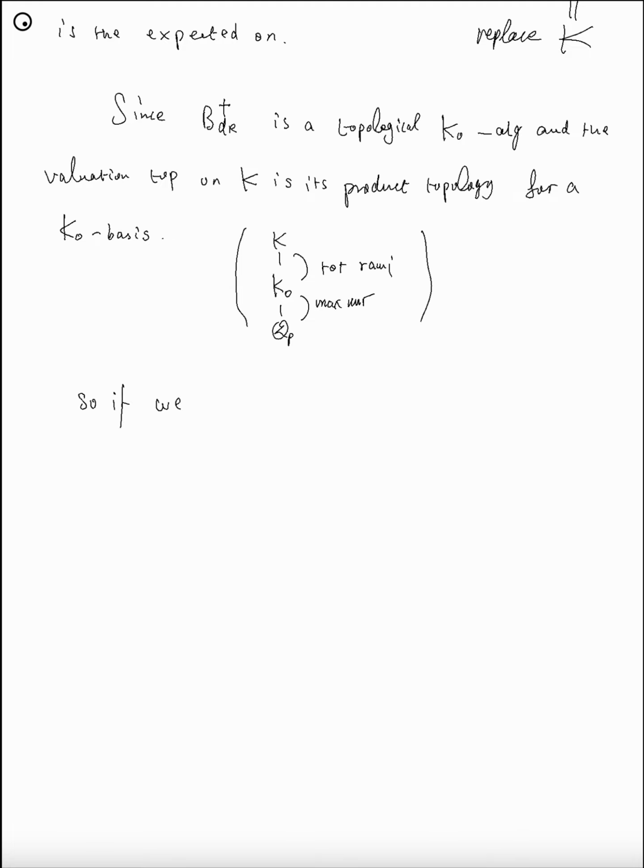If we give K its valuation topology, and recall that over K0 the subspace topology is the p-adic one, then the natural map under the lifting is continuous.